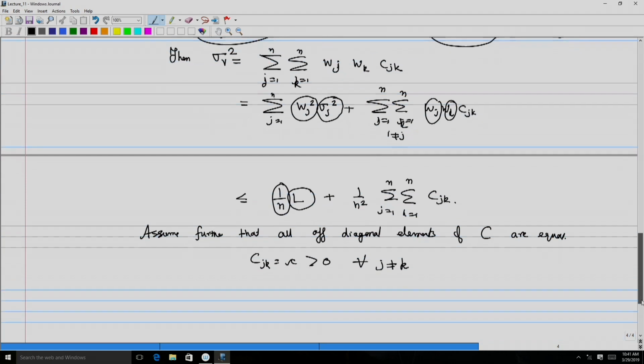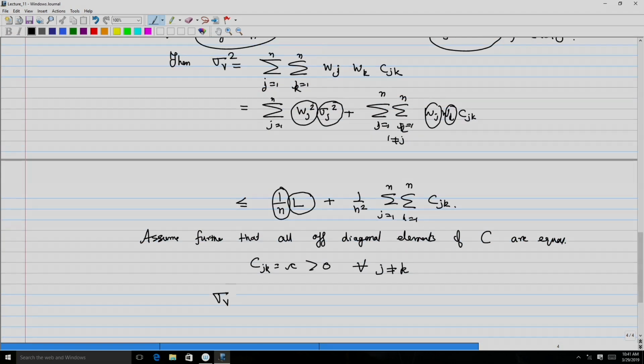Then this expression for sigma_V squared is going to be bounded by L over n plus 1 over n squared times n minus 1 times c, which tends to c as n tends to infinity.